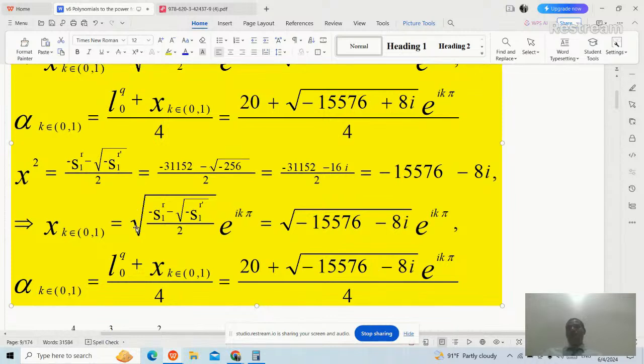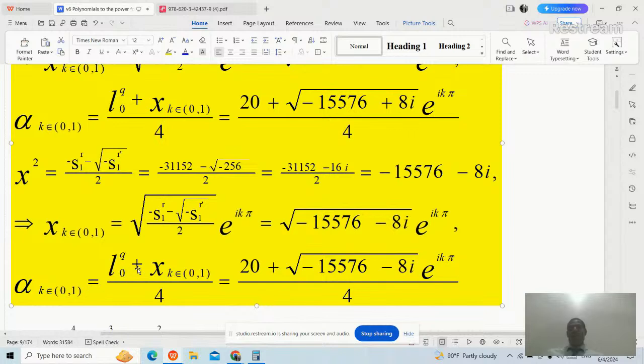Then taking the root from both sides, we divide by 2: 2k pi divided by 2 gives you ik pi. Therefore, this will be equal to the root of negative 15,576 minus 8i exponential ik pi.